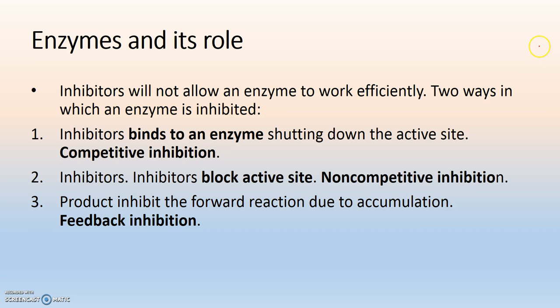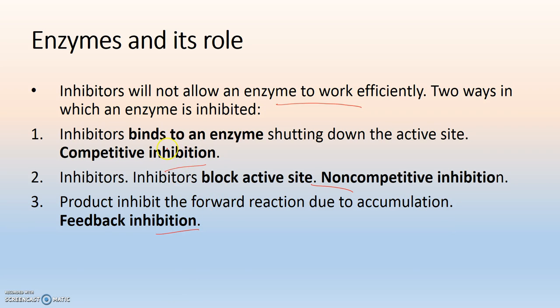Clear? All right. So we were talking about inhibition, and there are inhibitors. Inhibitors are those that will not allow an enzyme to work efficiently. And there are many types of inhibition: competitive, non-competitive, feedback. All right.